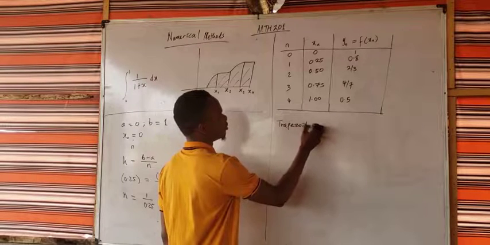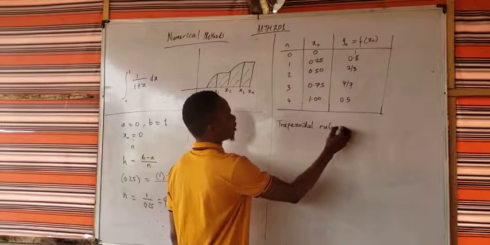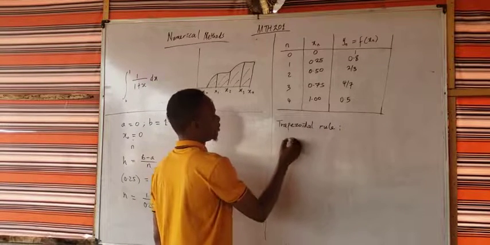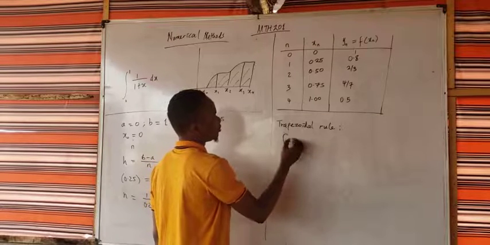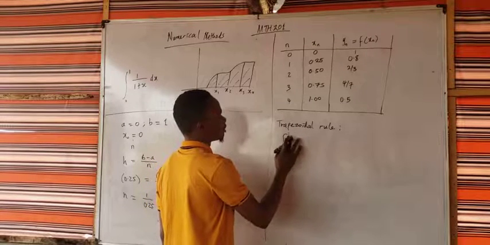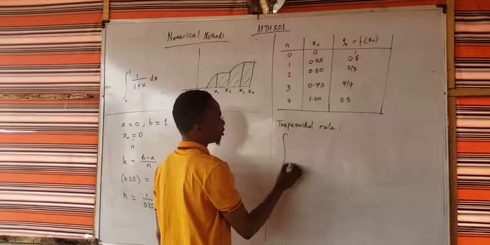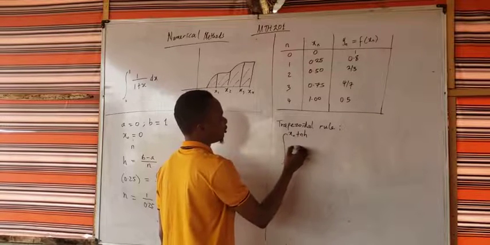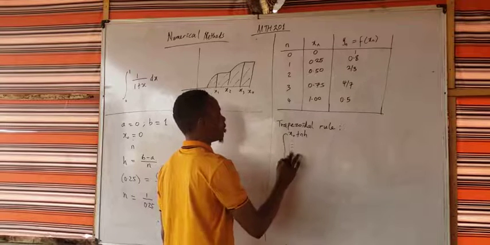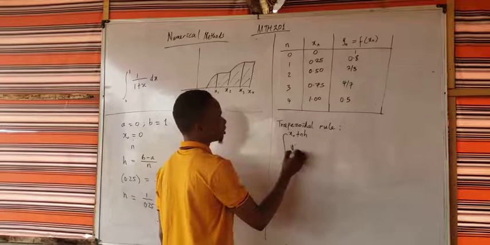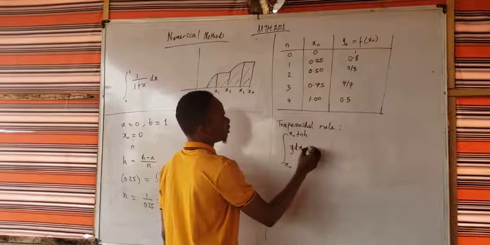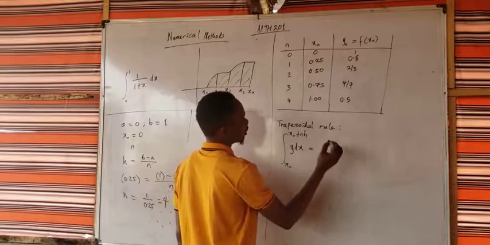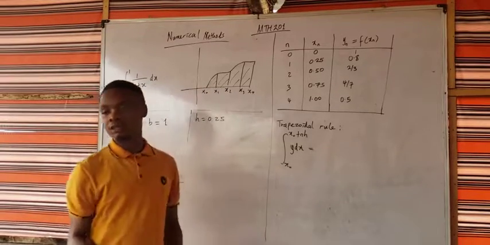Trapezoidal rule. Can you remember trapezoidal rule? I gave you the rule yesterday. The integral from x0 to x0 plus nh of some function y equal to f of x, y dx, is equal to, what's the formula please?